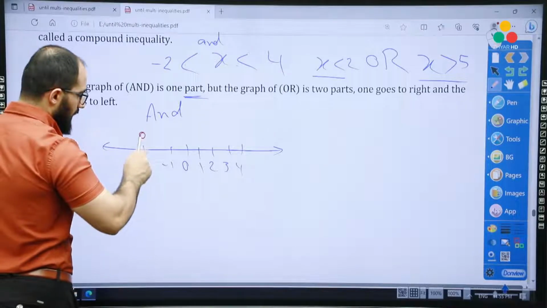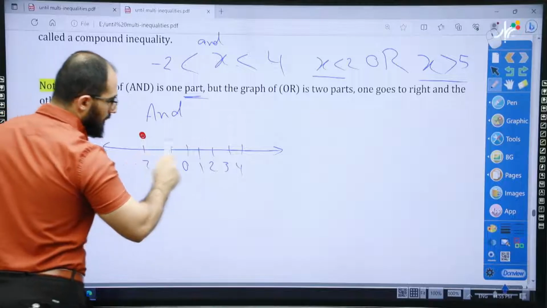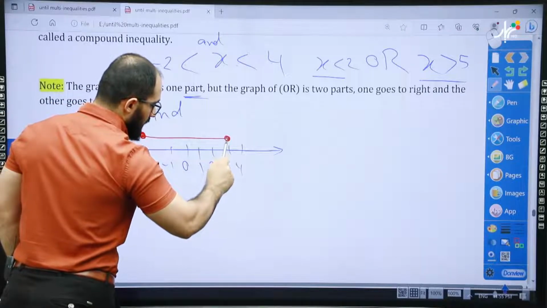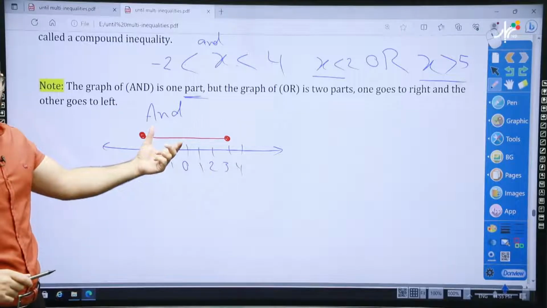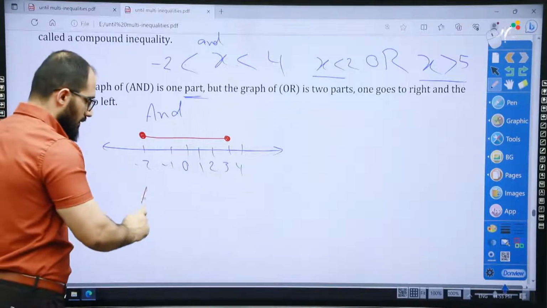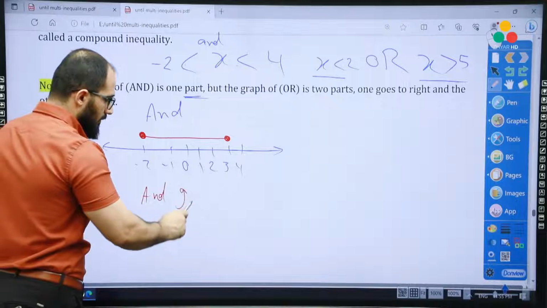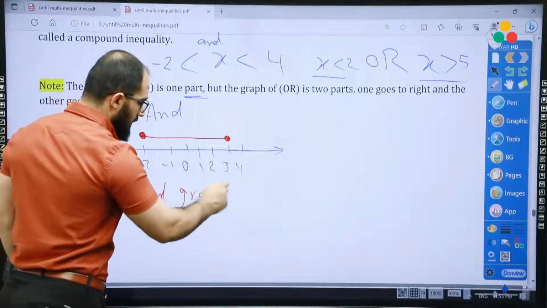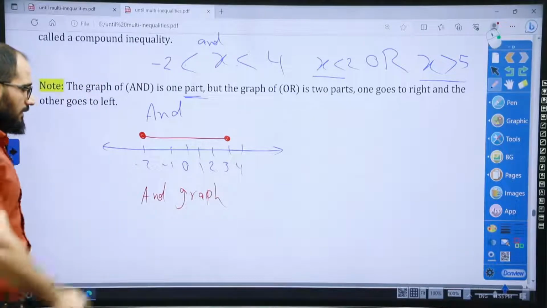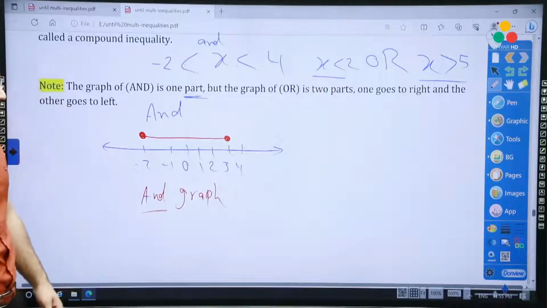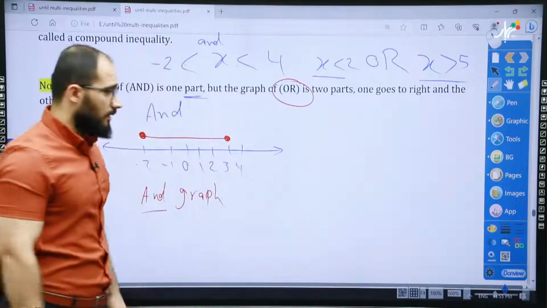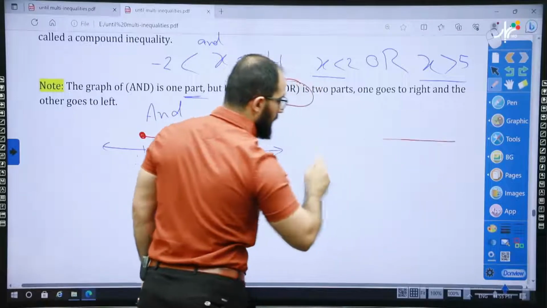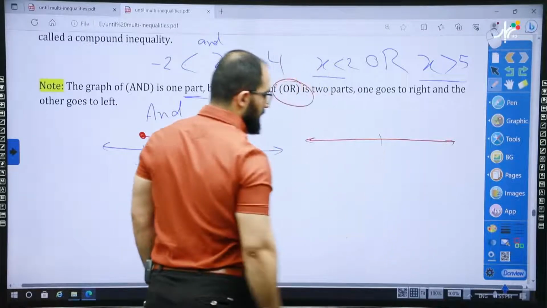For example, let's say we have this graph. We can see that the graph is one part, so this is an "and" graph. It means the inequality consists of "and." But an "or" graph is two parts. For example, this is the number line.